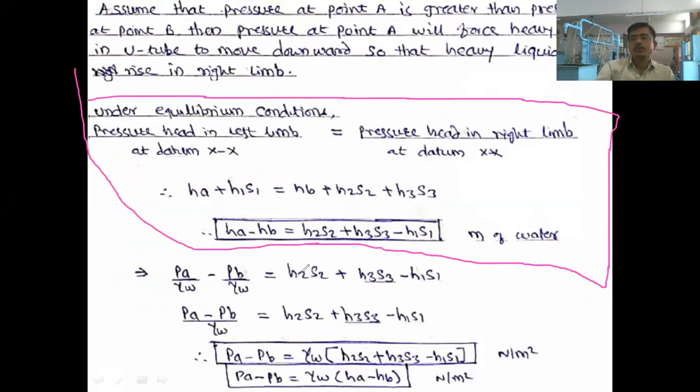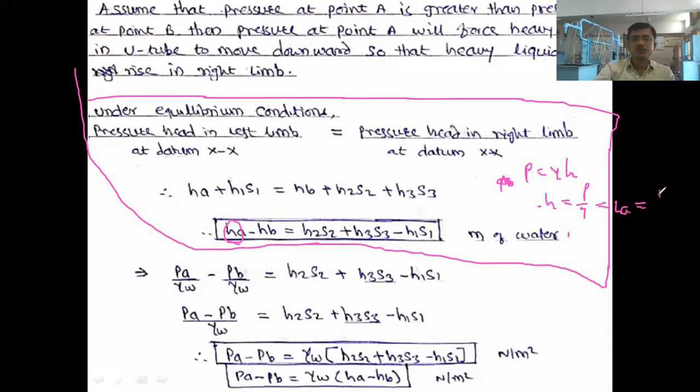Now, after finding this pressure head difference, we want to find the pressure intensity difference. We know that pressure intensity P is equal to gamma into H, right? Therefore, H, the pressure head, is equal to P upon gamma. The same principle we have to use here. Instead of HA, what can we write?